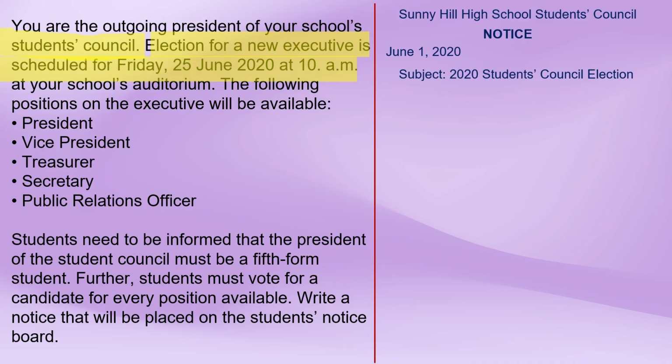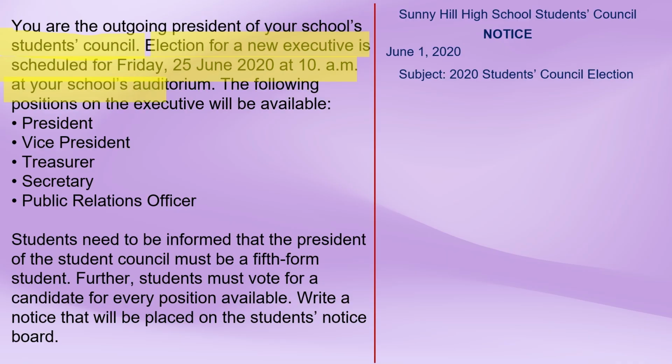Right, so the next thing we need to go into is the body of our text, the body of our notice. So let's see what information we've been given. We know the date, we know the time, we know the place, right? It's in the auditorium.